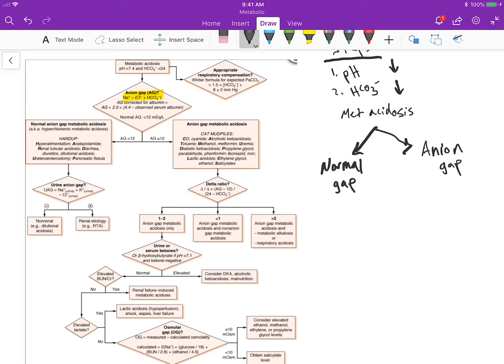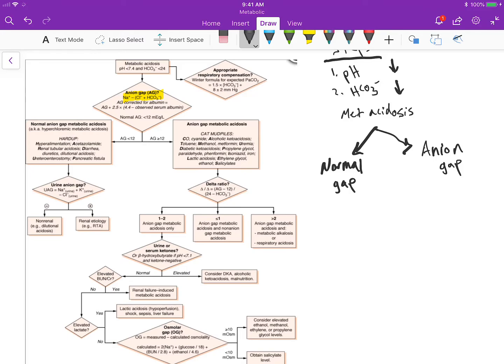Another point I should make is that when you're calculating the anion gap, make sure you correct for albumin using the calculated anion gap plus 2.5 times 4.4 minus the albumin. Because albumin is a negatively charged protein and can artificially decrease the anion gap if it is in fact reduced.